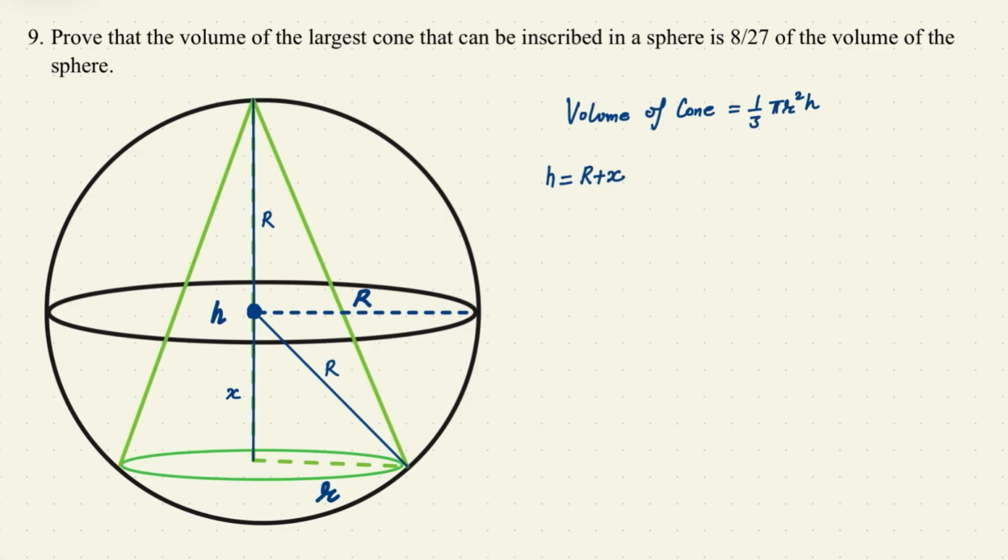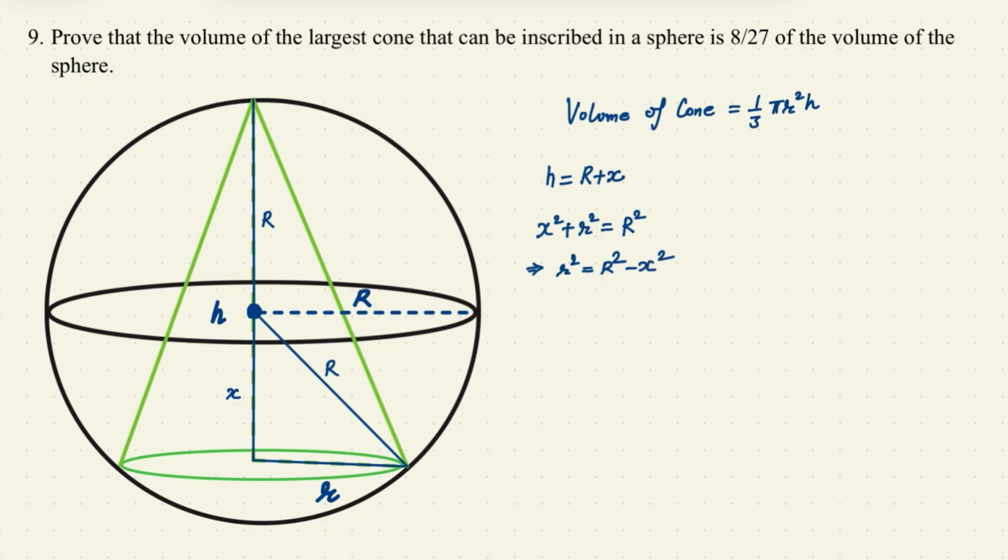And if you notice here, I can see a right angle triangle, and in this right angle triangle, capital R is the hypotenuse, small letter r is the base, and x is the perpendicular. So by Pythagoras theorem, we can write x square plus base square equals hypotenuse square. So here I can write small letter r square as capital R square minus x square.